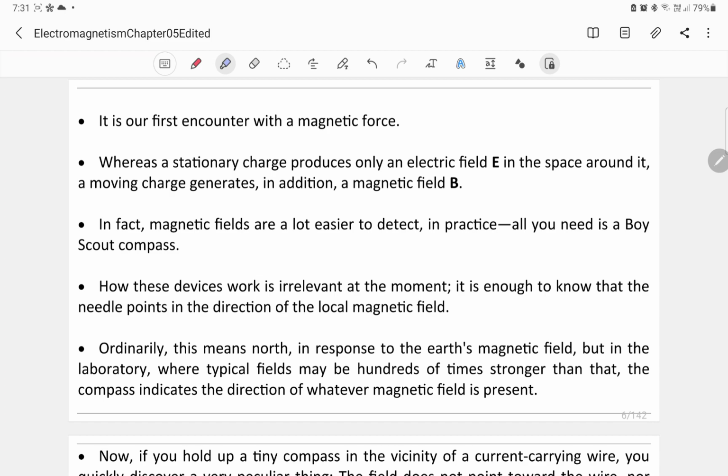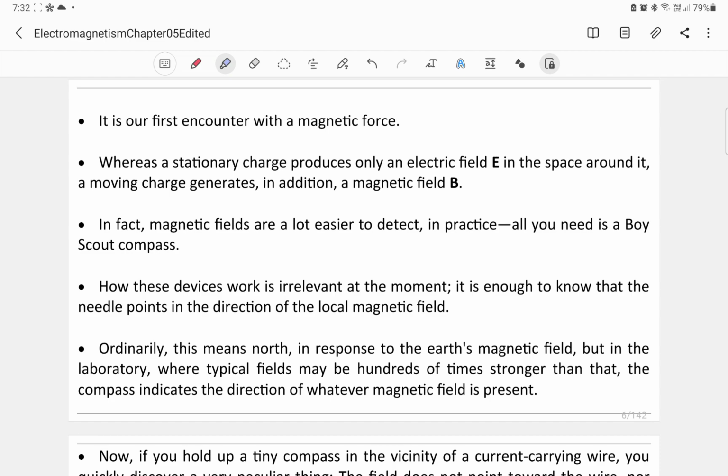We have to note, by the way, that a stationary charge produces only an electric field in the space around it. A moving charge generates, in addition, a magnetic field B. The magnetic field is easier to detect, and this is actually done using a compass.